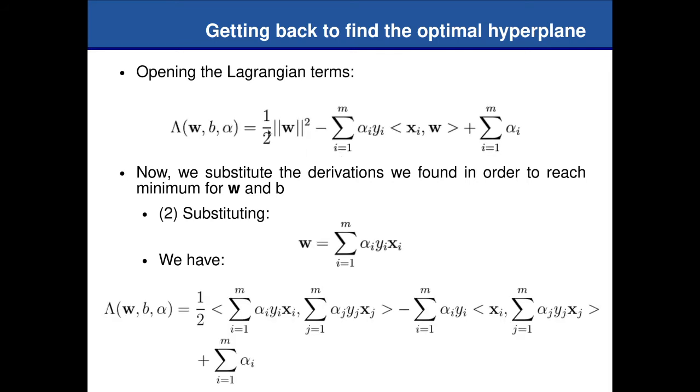Next step, this is my problem at this point. What did I learn after differentiating my Lagrangian function lambda in terms of w? I've got this as one of the solutions. When I have this, I can perform substitutions in terms of w.